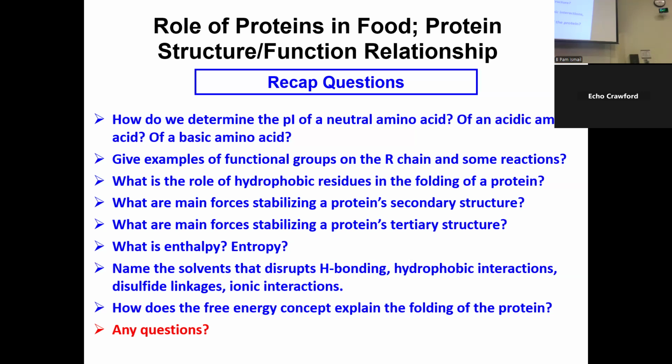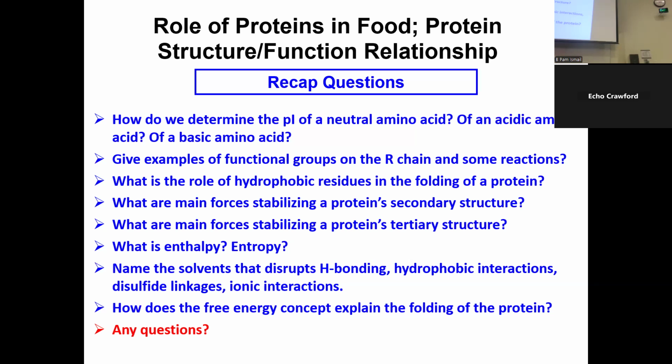I think we covered that one, how the free energy concept works: when you have a lot of stretching and bending of bonds, a lot of free energy, a lot of chaos, a lot of movement, and then bonding occurs to contain some of that energy in bonds to reach the most stable state.